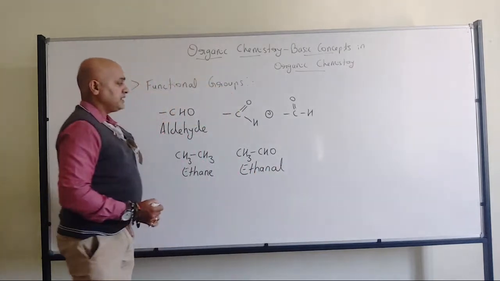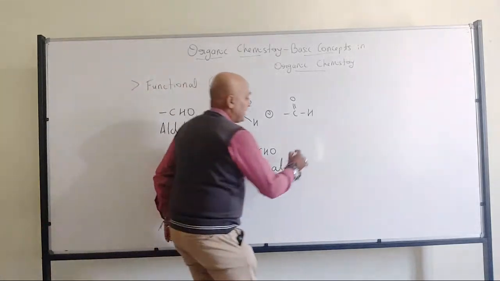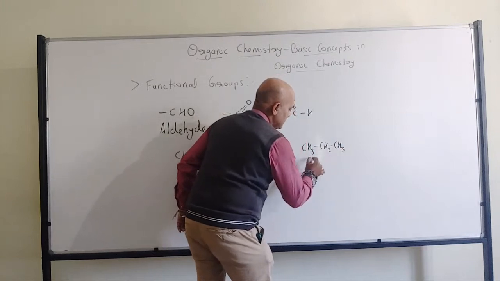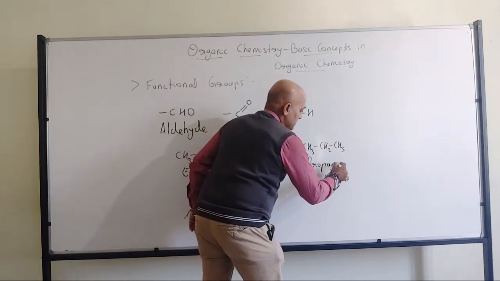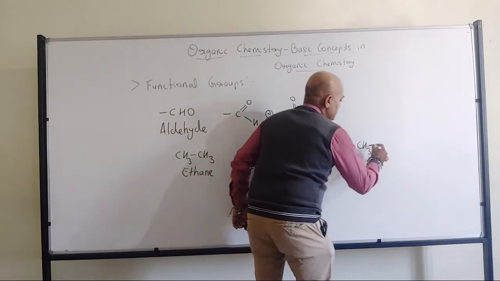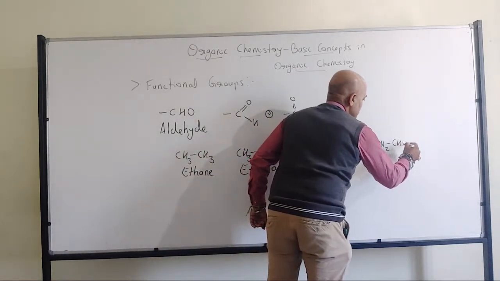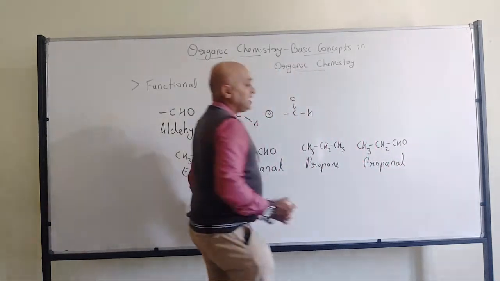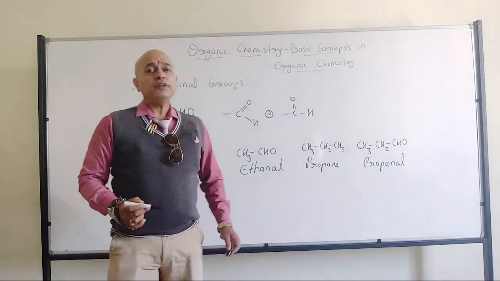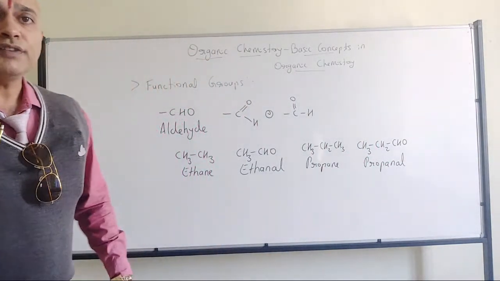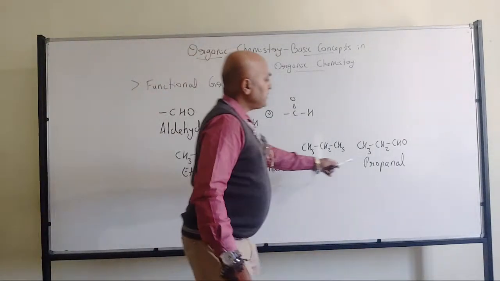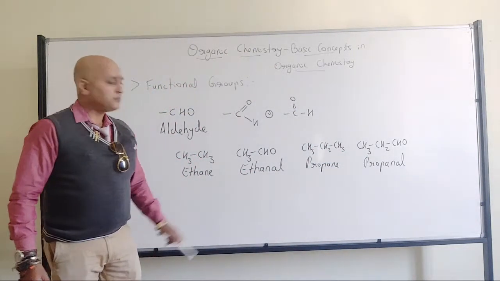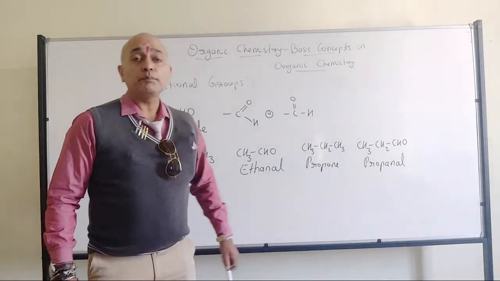Observe it carefully. Ethanal. Same way, I have CH3, CH2, CH3. That is propane. When I write CH3, CH2, CHO, then I will call it propanal. All of you have understood? Or we can call it propanaldehyde, ethanaldehyde. Okay? Anything is fine, but normally we call it ethanal, propanal.